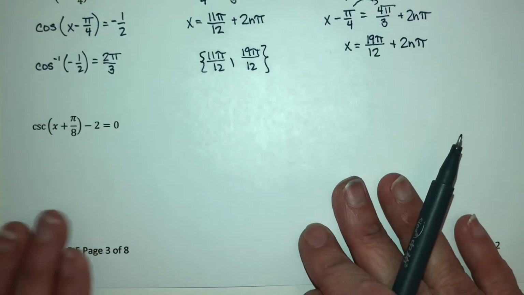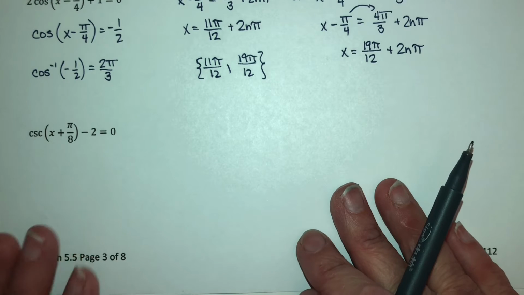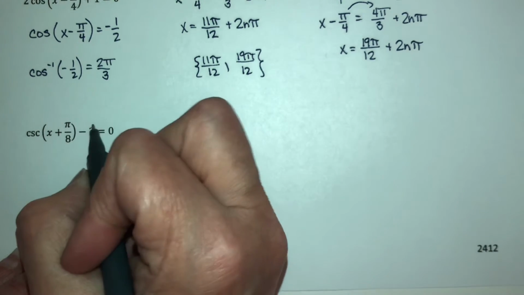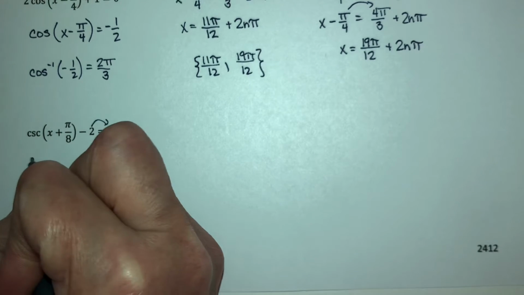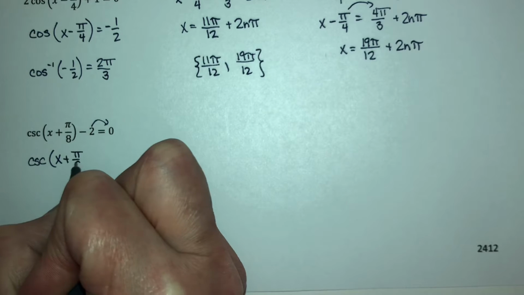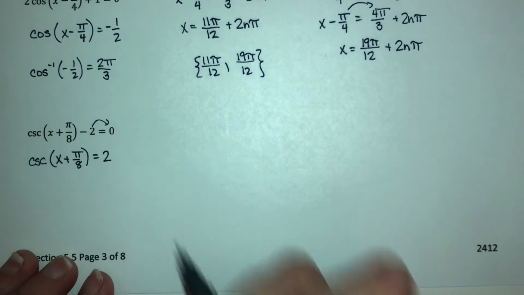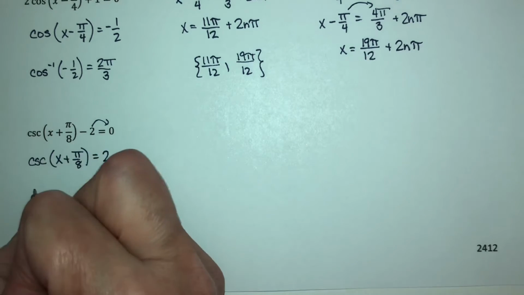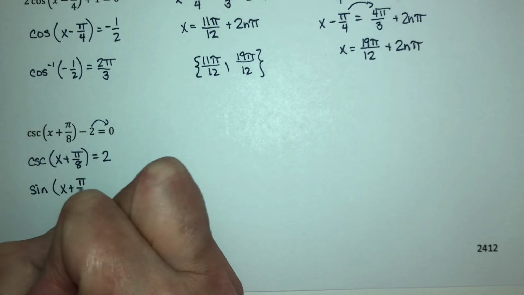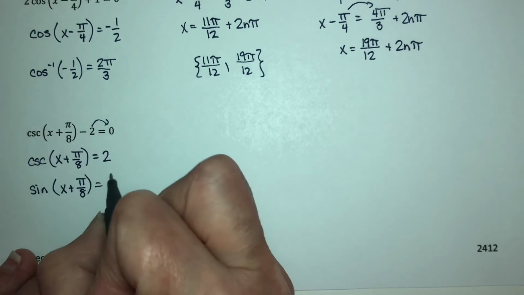Okay, so let's solve cosecant of (x plus pi over 8) minus 2 equal to 0. So first, move the 2 over here. And this means that sine of (x plus pi over 8) must equal 1/2.